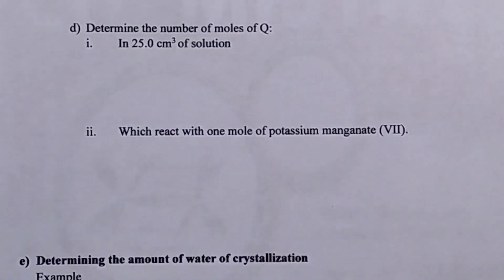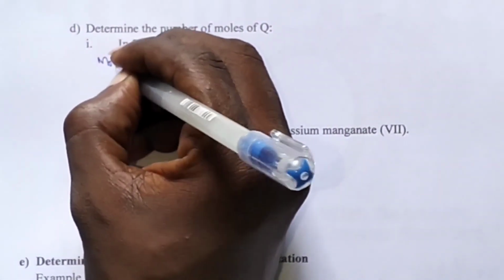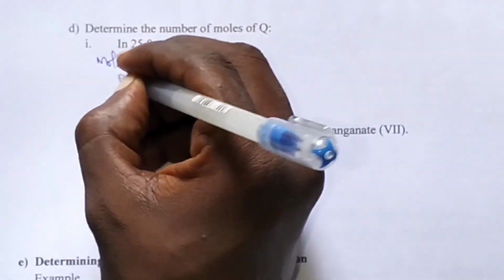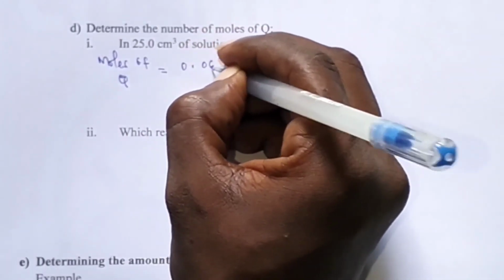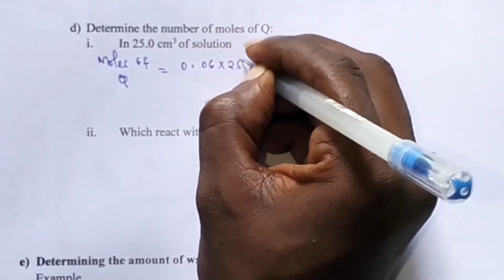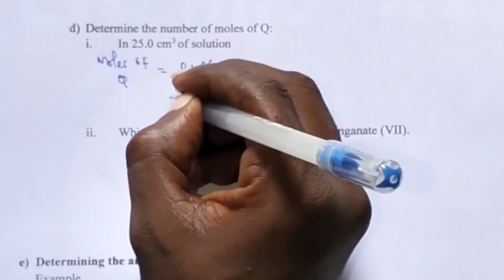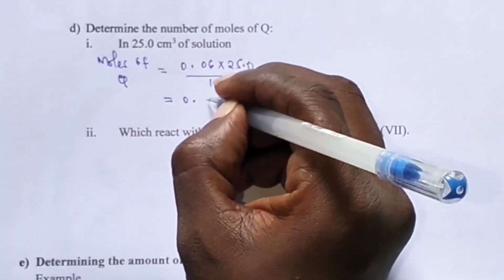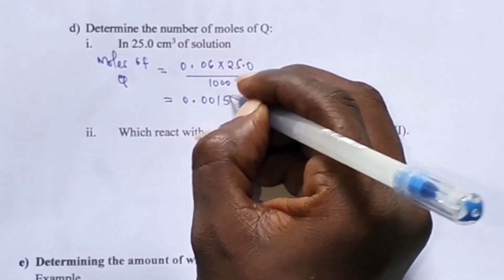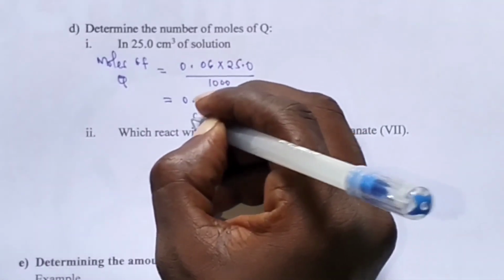So we can get the number of moles of Q because moles is given by molarity, which we have gotten as 0.06, multiplied by volume, which is 25.0, then we divide by 1000. So here we are going to get 0.0015 moles of solution Q.